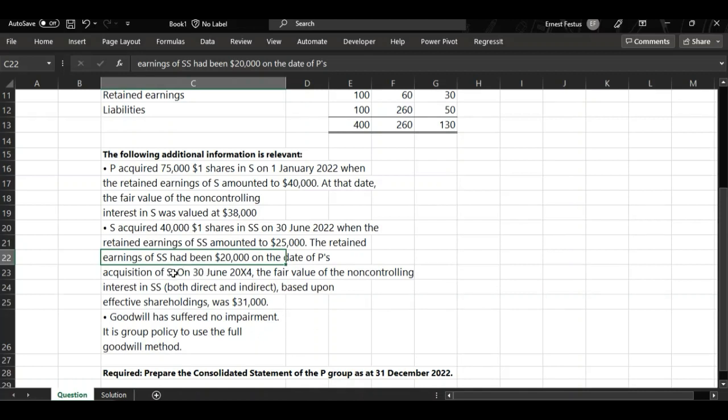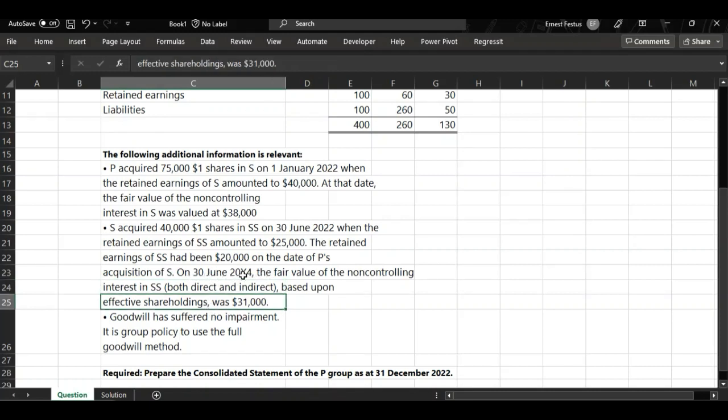See, in accounting, every sentence you see in any question has a purpose. But in this particular scenario, it turns out that it had defied the odds. So we are not dealing with that.